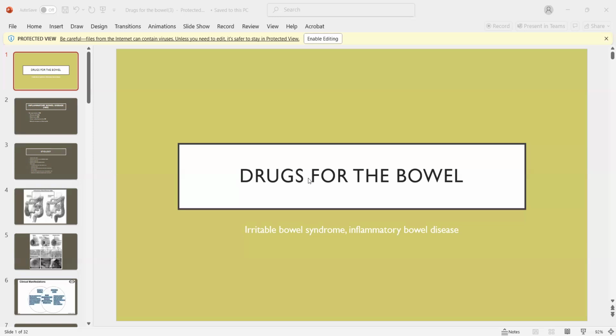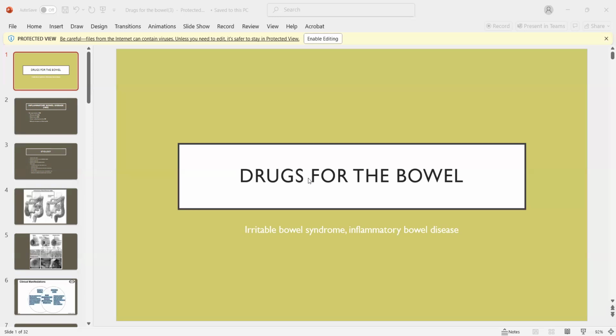In addition, there's methotrexate. This will induce and maintain remission of both Crohn's disease and ulcerative colitis. The thiopurines, 6-mercaptopurine, azathioprine, they can cause myelosuppression, bone marrow suppression, and they can cause hepatotoxicity.